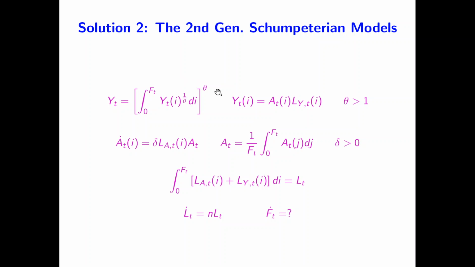All right. And in each industry or firm, there's this production function. So Y_ti is the production of good i at time t, and that depends on two things: productivity of firm i at t, and how much labor is employed to produce that good in that particular firm or sector.